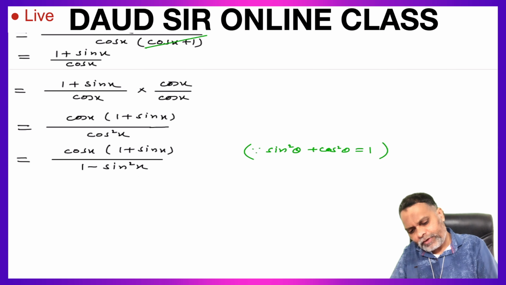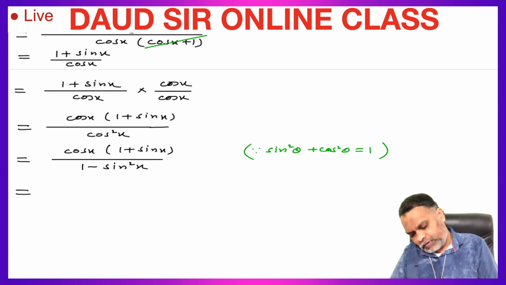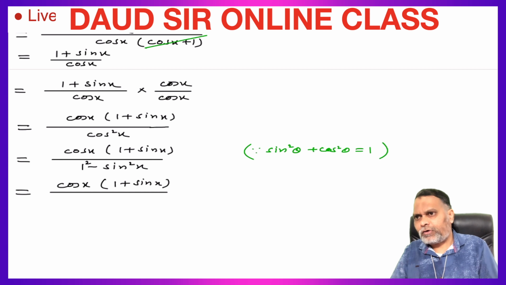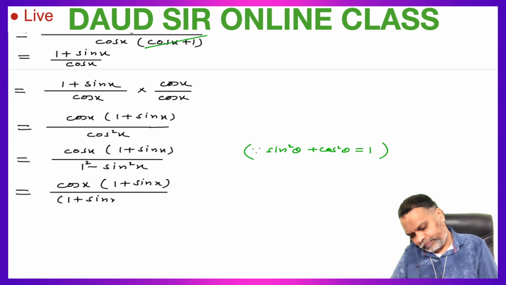So from here cos square theta is equal to 1 minus sin square theta. Now this 1 minus sin square x, so this is cos x (1 plus sin x), and this 1 minus sin square x, we can write this 1 as 1 square. So we can make the identity a square minus b square is equal to (a plus b) into (a minus b). So this denominator can be written as (1 plus sin x) into (1 minus sin x).